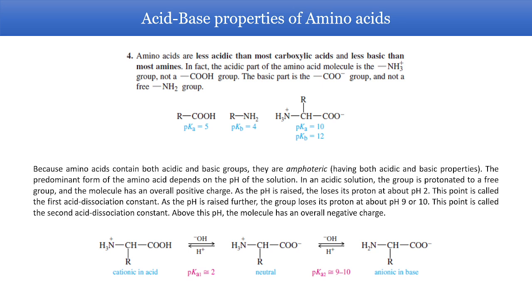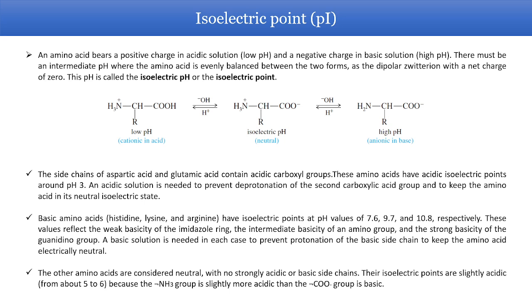Like you have the neutral pH over here. So the pH or the range of pH in which the amino acid exists in the neutral form, we call the isoelectric pH or the isoelectric point, pI. So it is cationic here, anionic in nature there, but at the middle pH where it is neutral, it exists as a zwitterion. We call this particular pH the isoelectric pH.